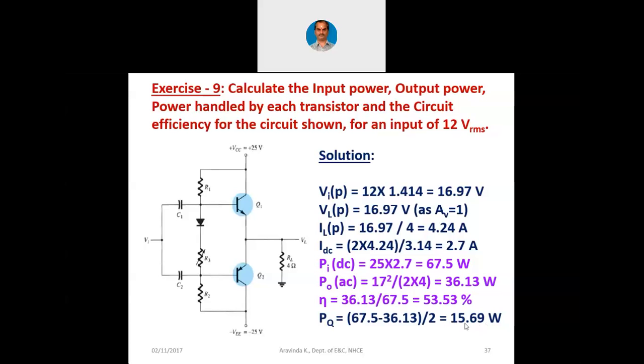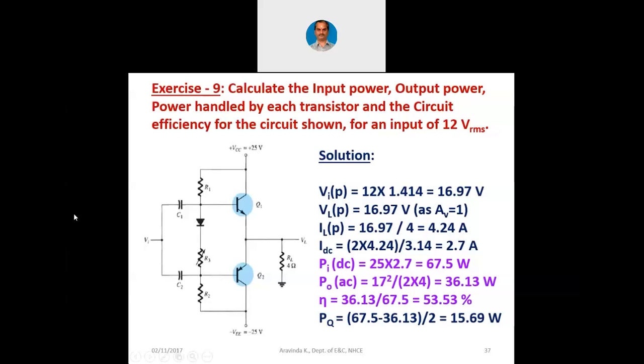In general we choose double the power which the transistor is normally handling. So this is how this exercise is solved.